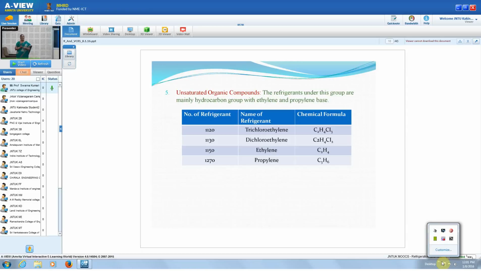Then C3H6: the number of carbon atoms here is 3, so it comes 2. F is not there, so 0. H is 1 more than the actual H. H6 is there, so 1 plus 6, 7. So unsaturated organic compounds also follow the same nomenclature with 4 digits.